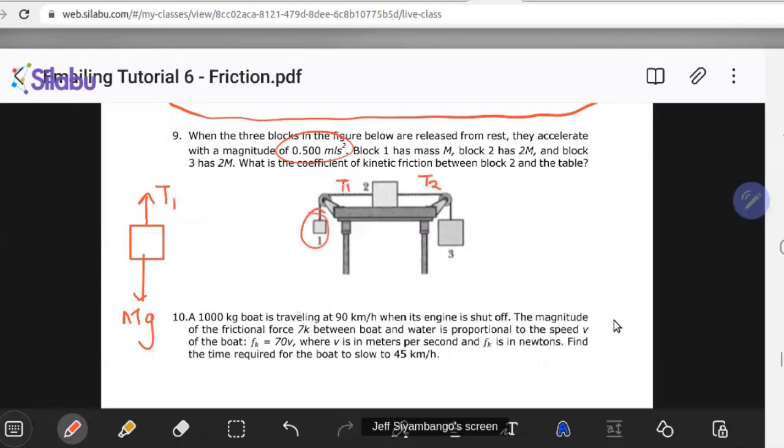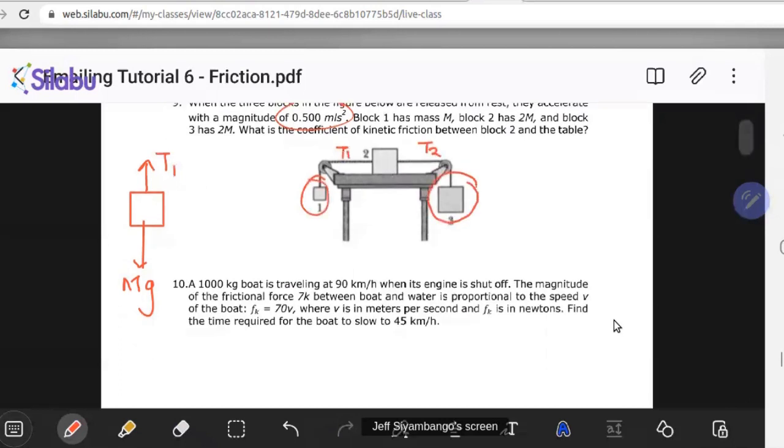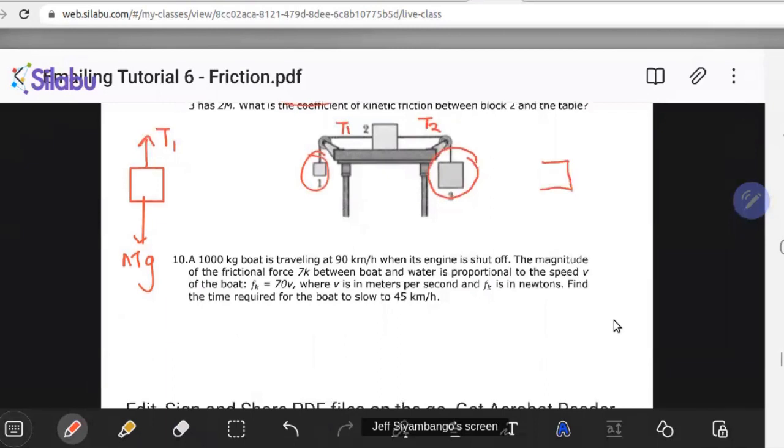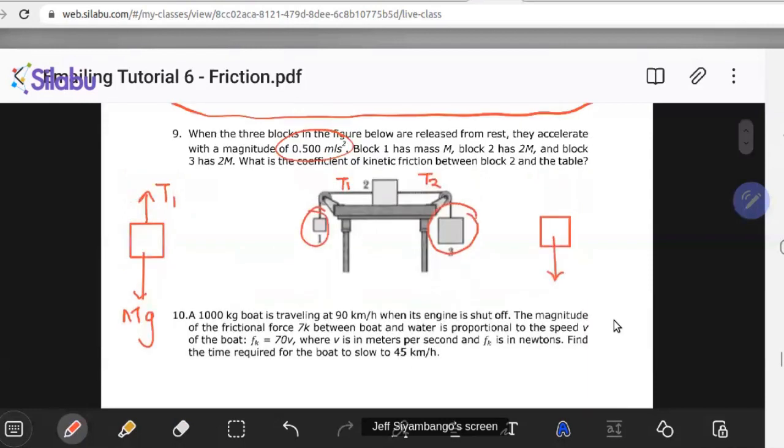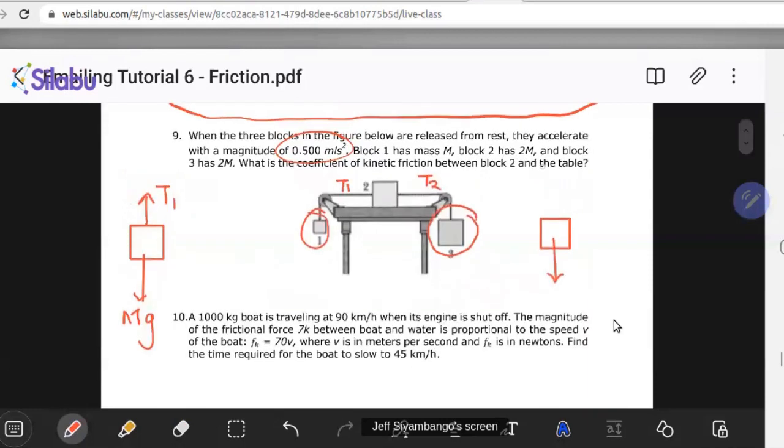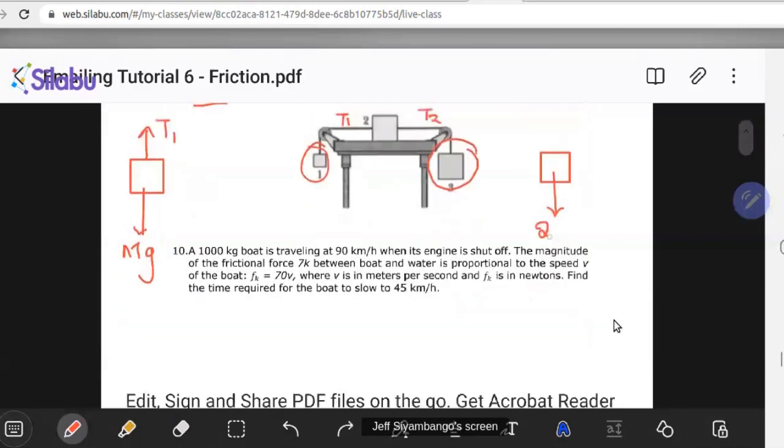Now, next, let me look at block 3. What is happening this side? If I create a free body diagram for block 3, block 3 will also have its weight dragging it down. What is the weight of block 3? It is mass times gravity. The question says block 3 has 2m as the mass, so the weight becomes 2mg.